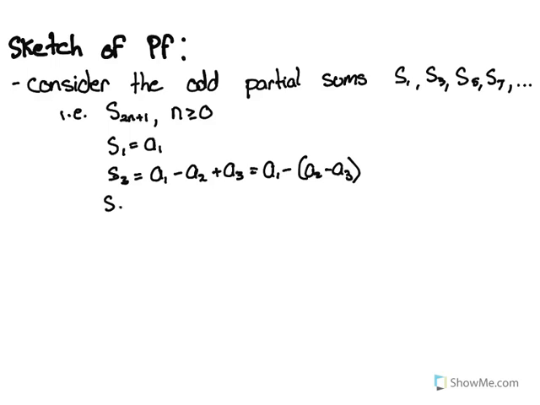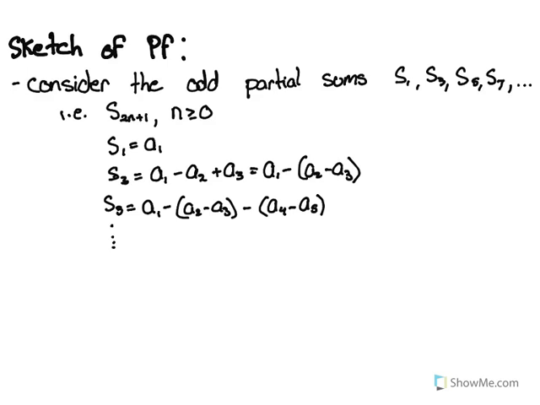And then similarly, S5 is equal to a1 minus (a2 minus a3) minus (a4 minus a5). And then so on for S7, S9, S11.